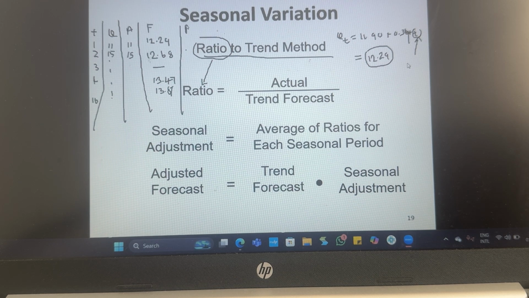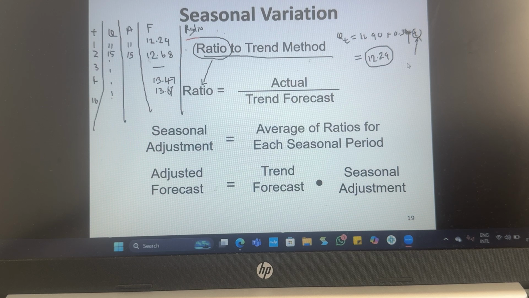It is for ratio. So what is the ratio? Actual divided by trend forecasted rate. This is actual. This is trend forecasted rate. To get the ratio here, you need to divide number 11 by 12.29.